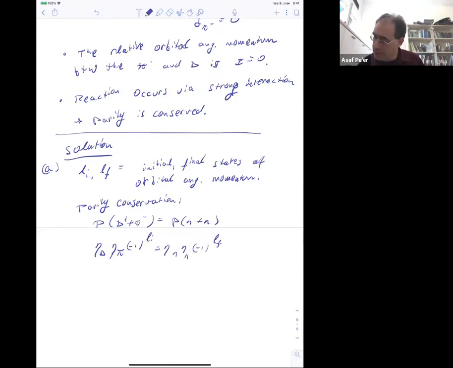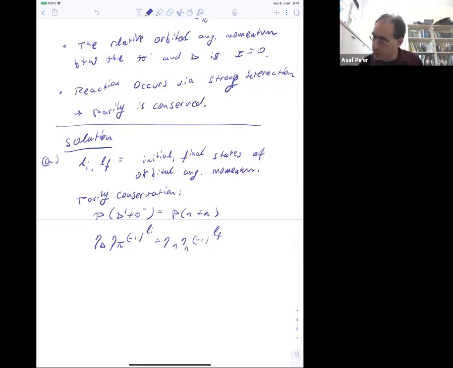Now Li, the initial orbital angular momentum, is just the angular momentum of the deuterium, which I said is LD equal to 0, plus the relative orbital angular momentum, which I also stated is 0.